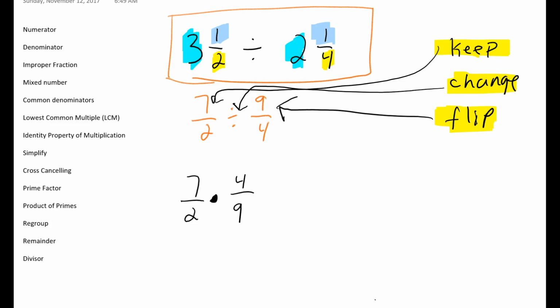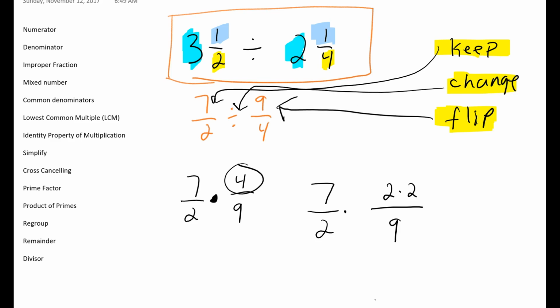Then I just multiply across. I know that the next thing I want to do is simplify. If I simplify this, I can rewrite the 4 as a product of primes, 2 times 2, over 9, and that way I can cross cancel.